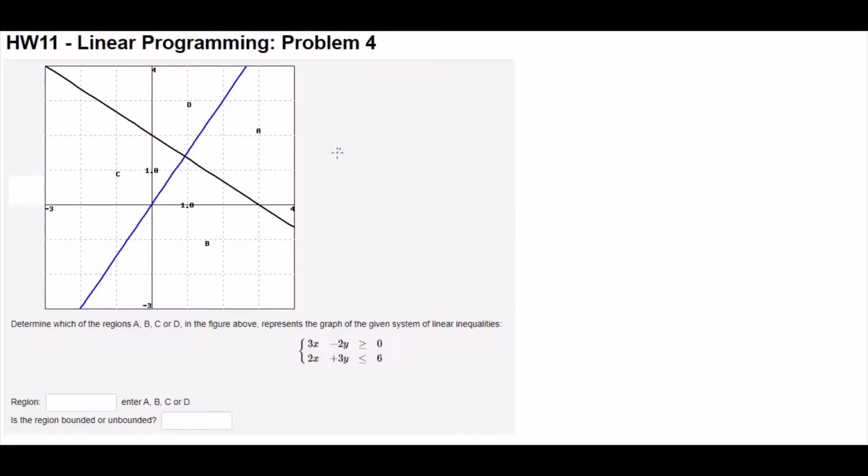Linear programming problems can be solved manually by graphing, using matrices, or you can even use more complicated software like MATLAB or Python if you have more complicated constraints. Now we're going to graph only.